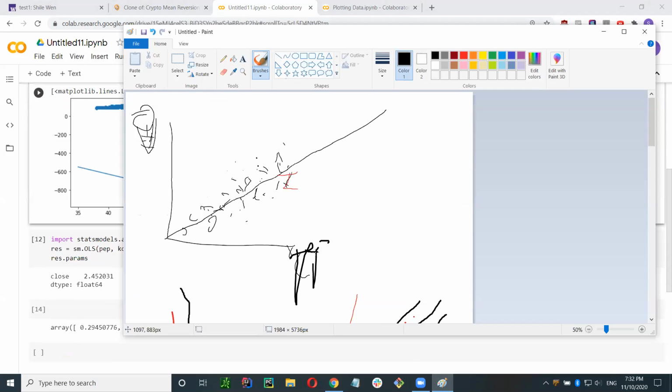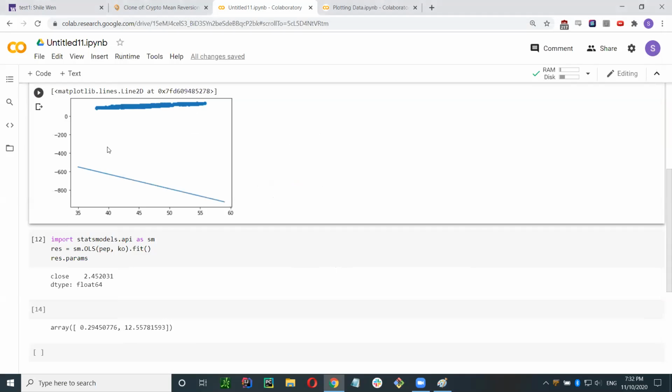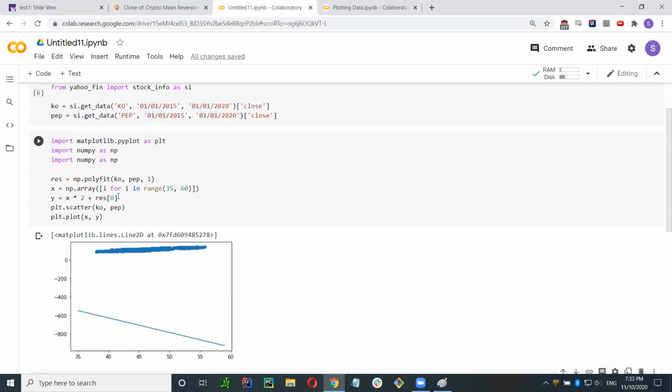Okay, so now let's just think through this. This is PEP and this is CO. And you guys saw that it looked like this. And so if we put a line through there, we get some coefficient here. Why is that working?